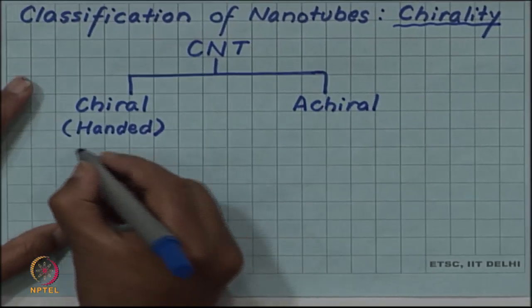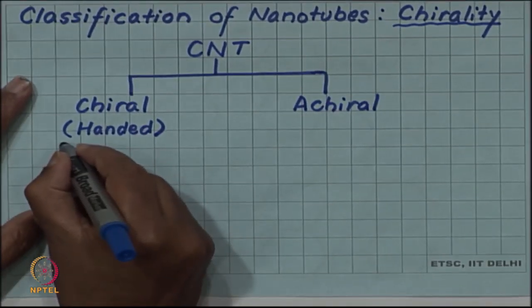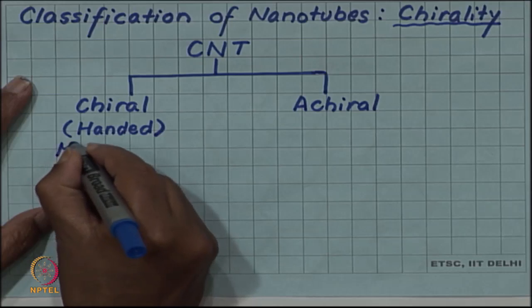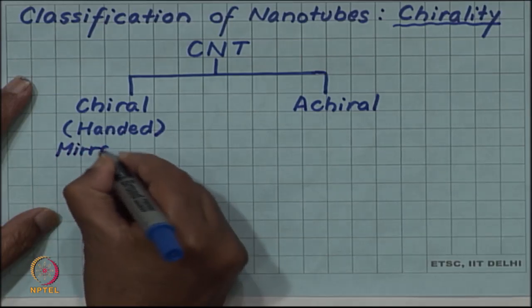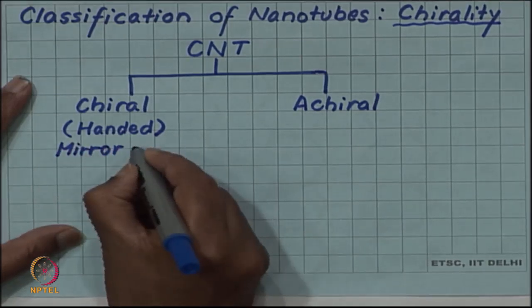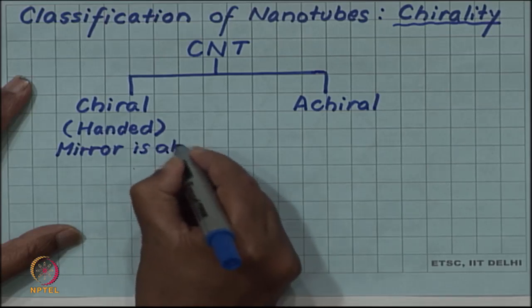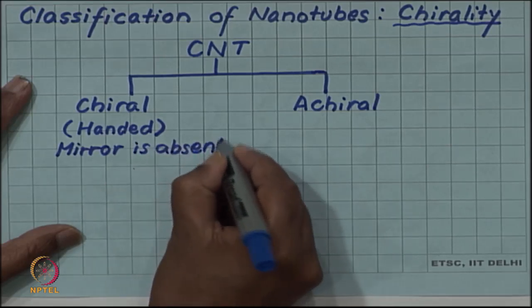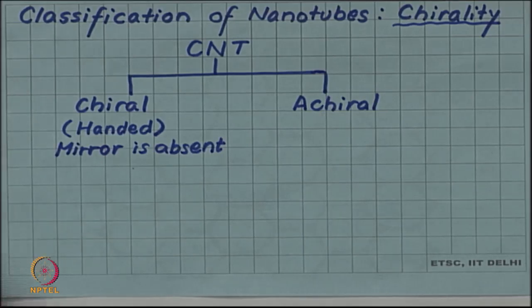For chiral or handed structures, it is important that a mirror plane is absent. Only when a mirror plane is absent can you have left handed and right handed versions of an object, and that is called a chiral object.